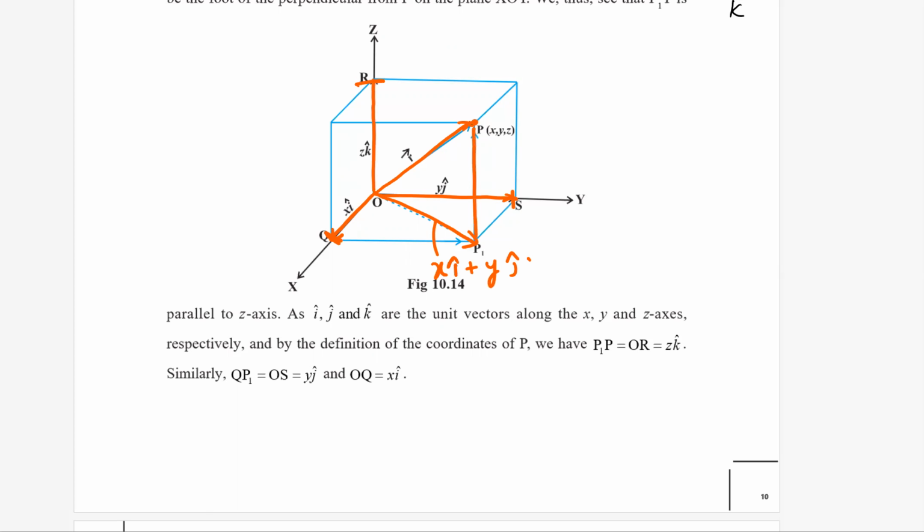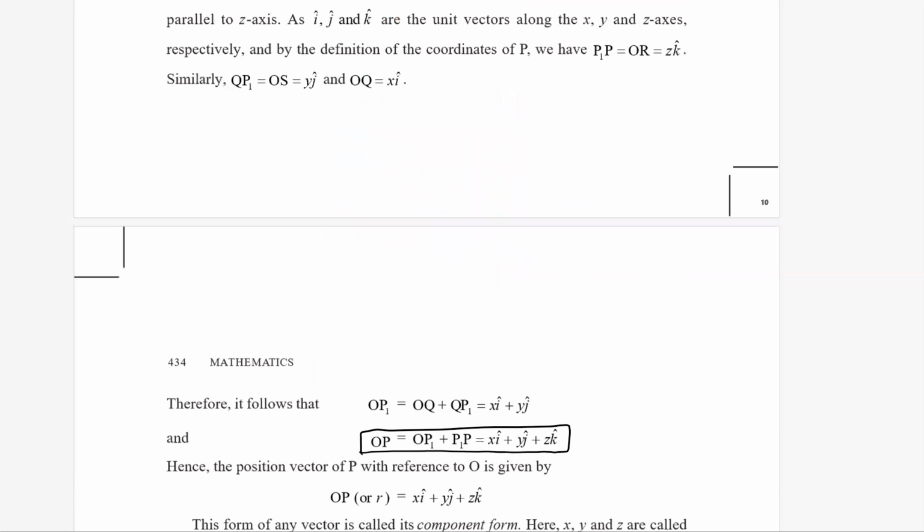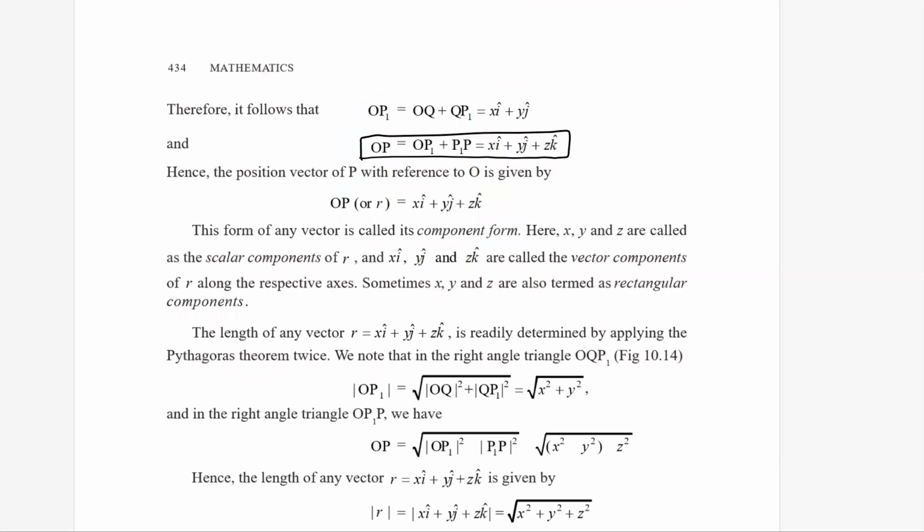So r will be equal to xi plus yj plus zk. So in short, if a point P is there such that its coordinates are x, y, z, then the position vector of P with respect to O, or position vector OP, is given by xi plus yj plus zk.